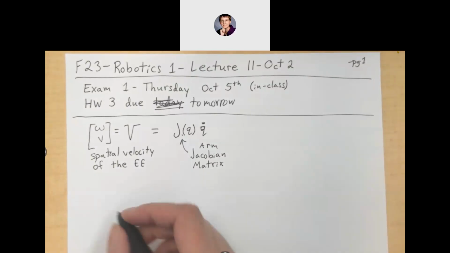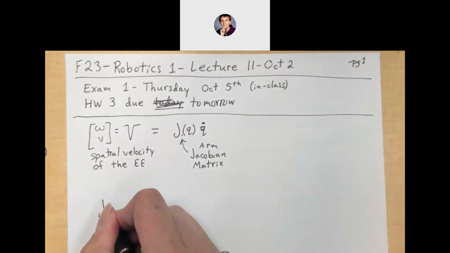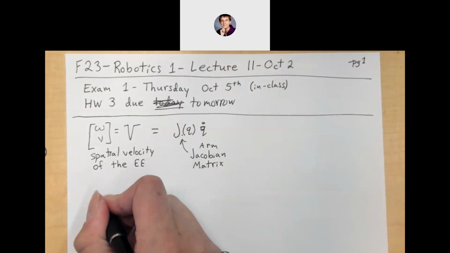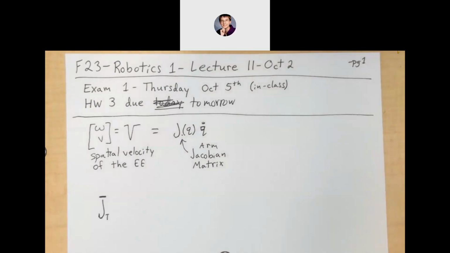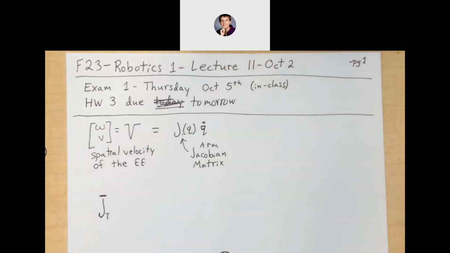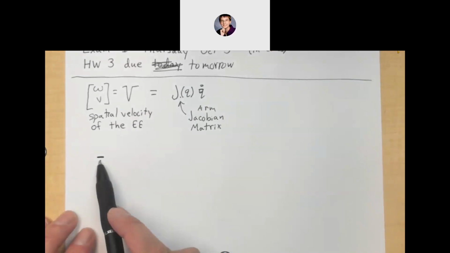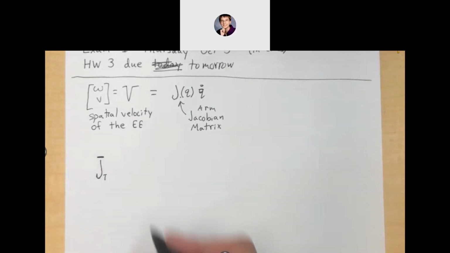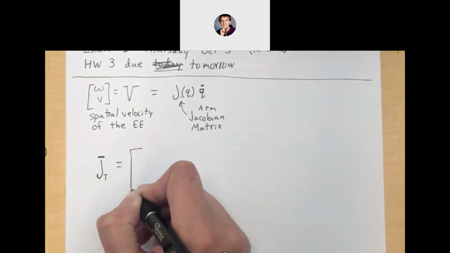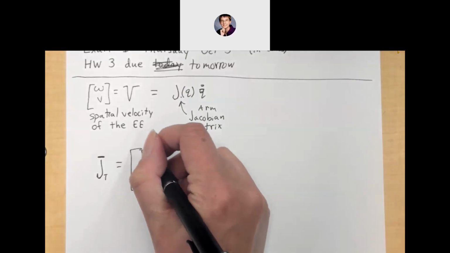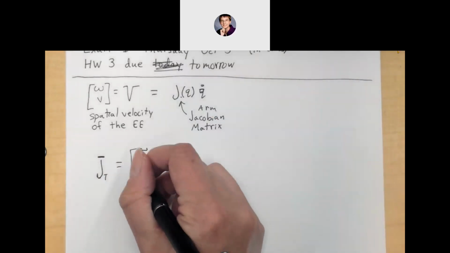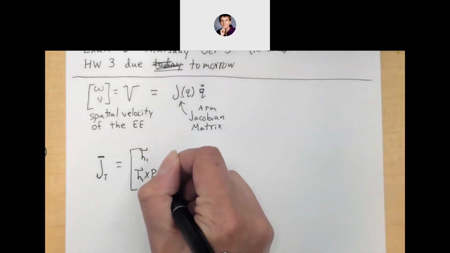And we found that this J, if we take it being the Jacobian of the end effector, we'll use a T frame. And this bar just means it's the coordinate-free version. What we found is the relationship looks like this.